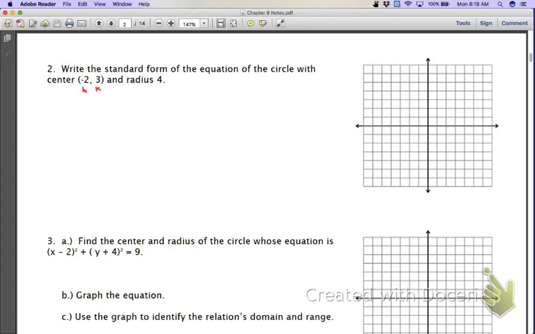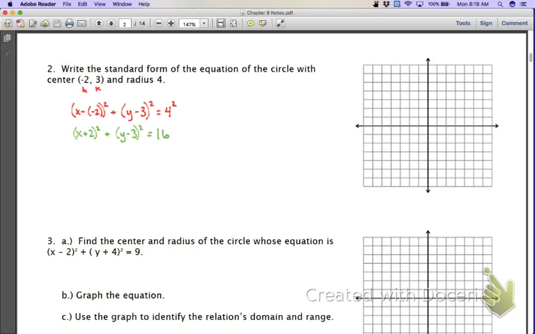So it is a minus, so I'm going to have (x minus -2) quantity squared plus (y minus 3) quantity squared equals 4 squared. Realistically, you're probably not going to write that out. You're just going to go (x plus 2) quantity squared plus (y minus 3) quantity squared equals 16.